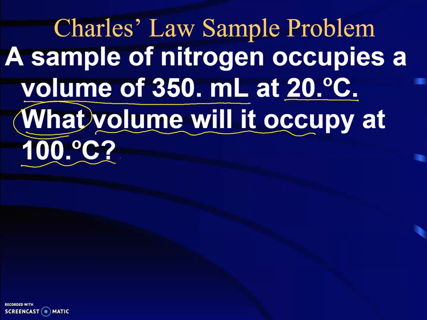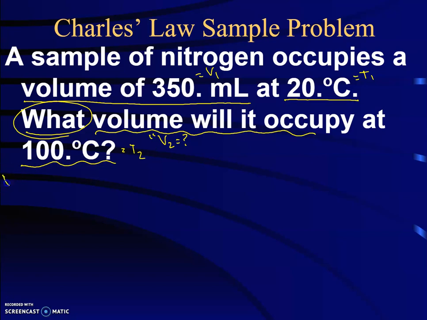So again, use the units and the variable and the numbers in order to figure out what your variables are. So a volume of 350, this is going to be V1. 20 degrees Celsius is going to be T1. What volume is unknown, V2, will it occupy at a T2 of 100 degrees Celsius?